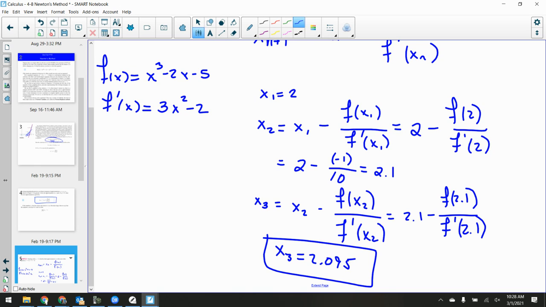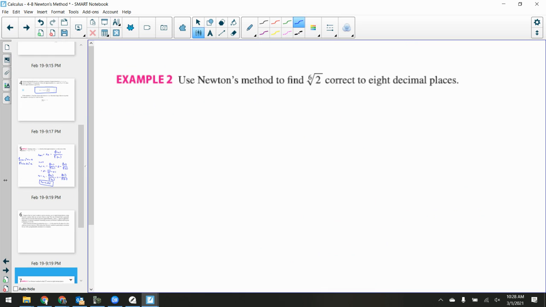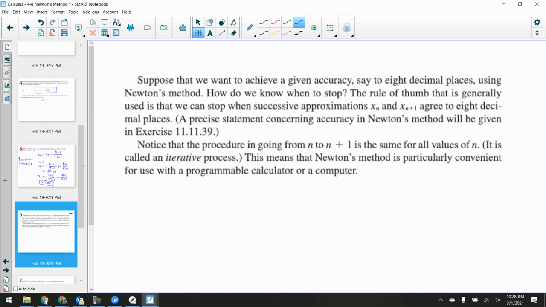In the next example, it says correct to 8 decimal places. Suppose we want to achieve a given accuracy, say 8 decimal places. We could keep that process going until there is no change between x sub n and x sub n plus 1. You can achieve an accuracy up to any decimal places.